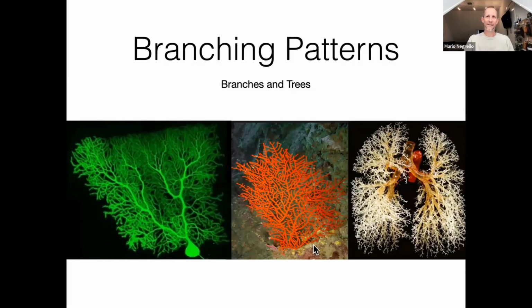Then you see the fan coral that positions itself orthogonally to the flow of nutrients in a water stream. And you have the three-dimensional branching pattern of the lungs, acquiring oxygen from a fractal amount of alveoli, trying to maximize the absorption surface of the inner lungs.